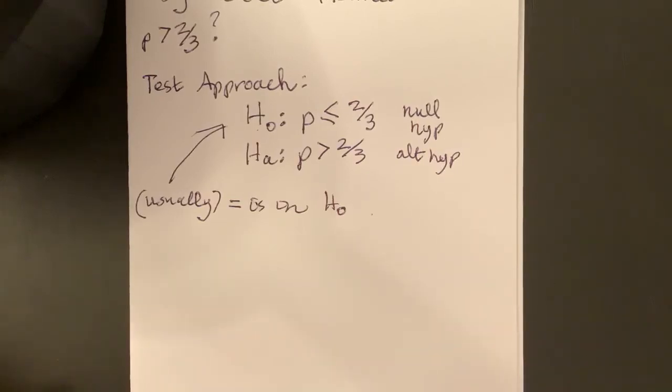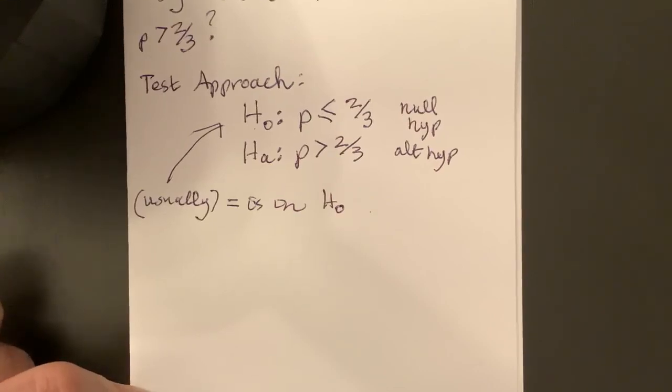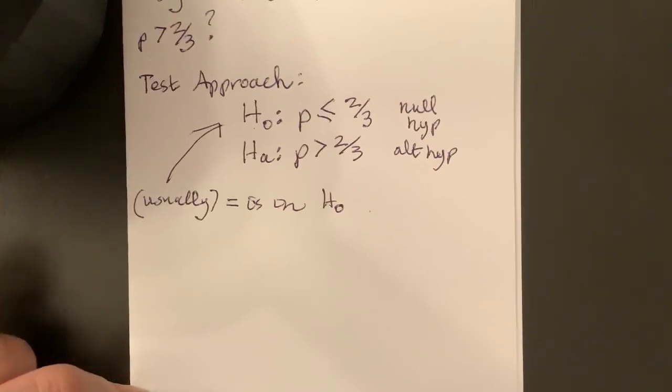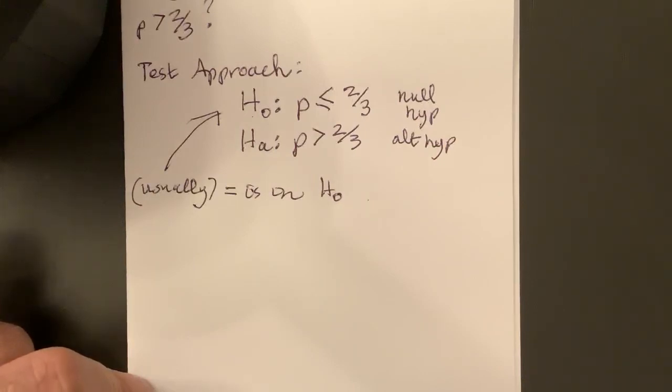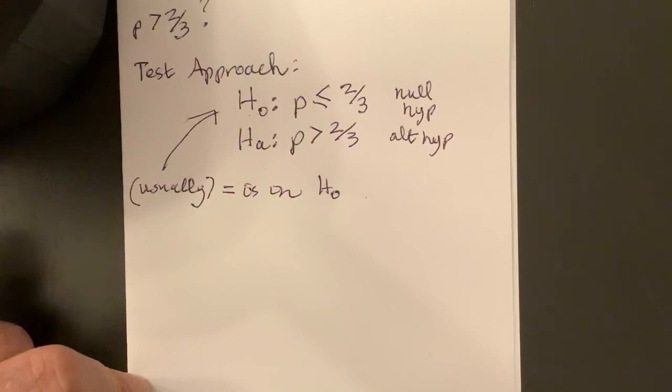Okay, so I'm not sure if I have a 2/3 vote or at least 2/3 vote. I'm going to make my baseline that I don't. Okay, and the idea is I want a significant amount of data to make my case for me, to say that it is greater than 2/3. So the idea is I start with the null, and I'm going to be safe and keep the null unless there's significant evidence from data to suggest otherwise.